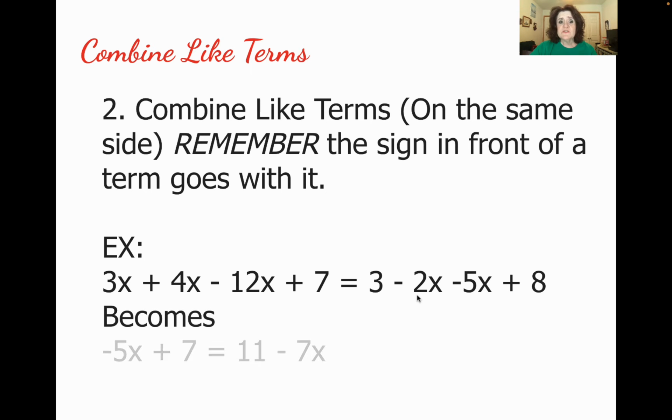So this equation would become 3 plus 4 minus 12 is a negative 5x plus 7. The 7 just comes down. The 3 plus 8 is 11. And minus 2x minus 5x is minus 7x on the right.